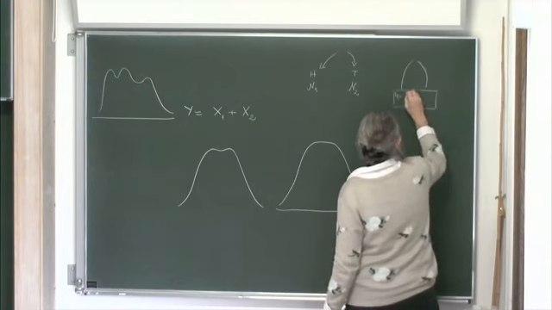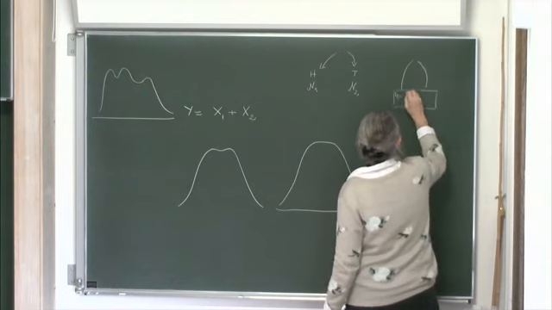Now, once you've chosen Wi, so you have this model in which you generate Wi from an exponential 1, and then you'll generate a normal with those as the parameters.